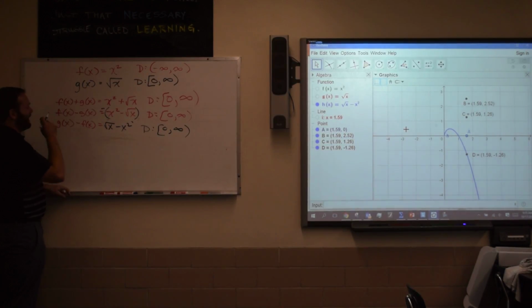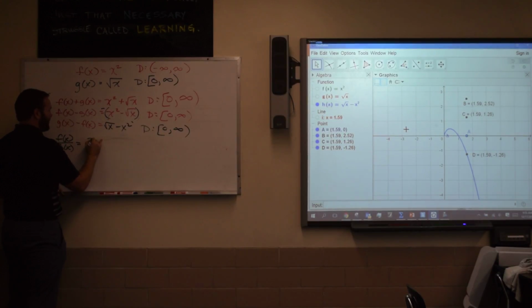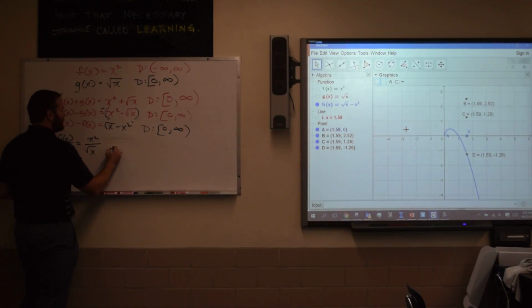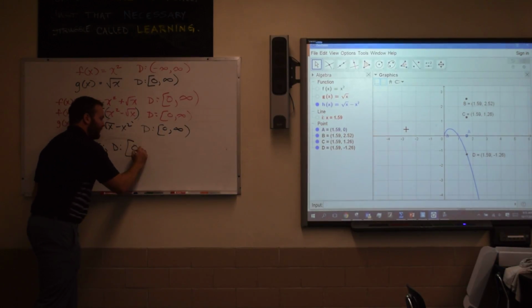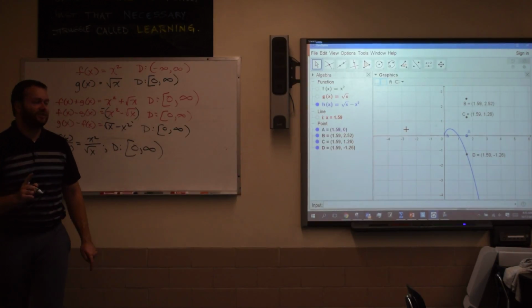Now if we go, let's just do a division one here. If I go f of x divided by g of x. f of x is x squared divided by g of x is radical x. Now, what's my domain have to be? We still start with the intersection.